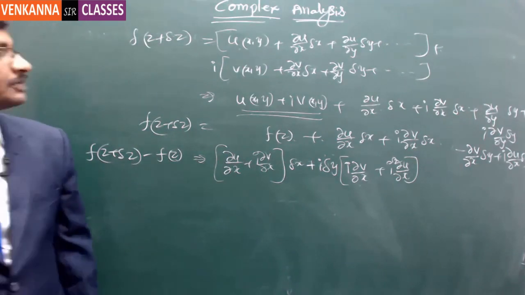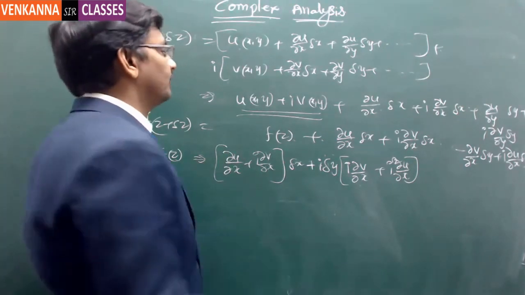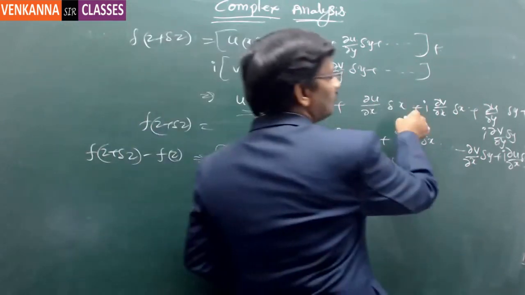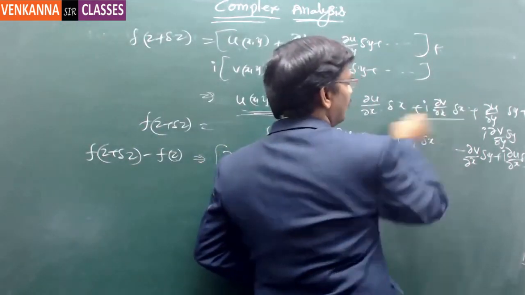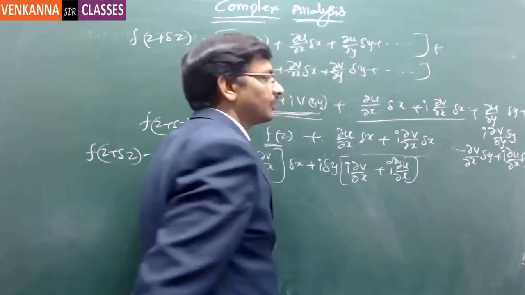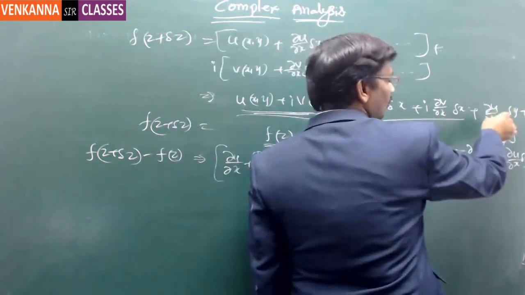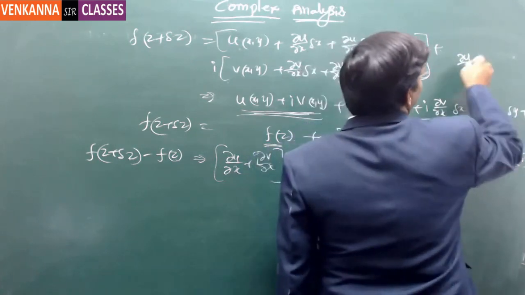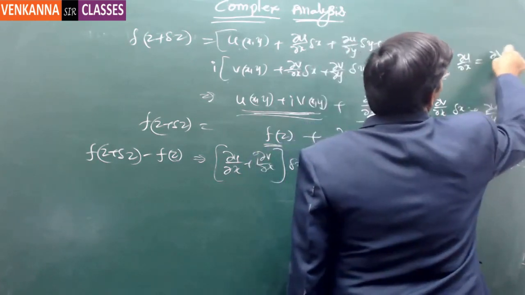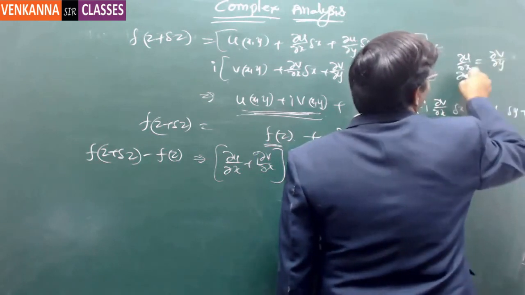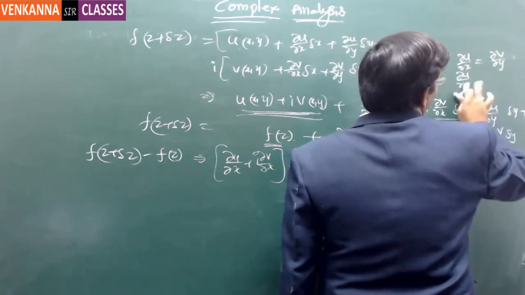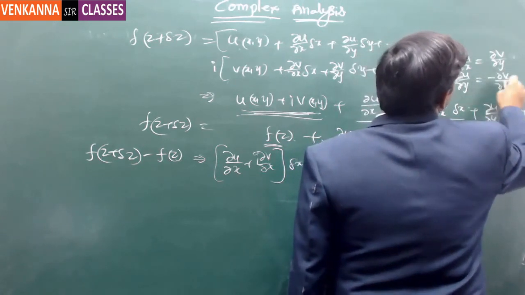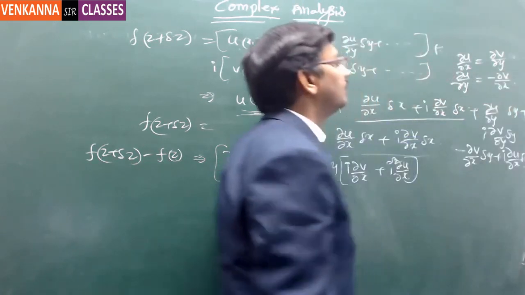How this step? What I have done is very simple. This value I have written as f of z. Dou u by dou x into delta x, I times dou v by dou x into delta x, I have kept as it is. And this part, dou u by dou y, I have written as minus dou v by dou x, because the CR equation states that dou u by dou x is equal to dou v by dou y, and dou u by dou y is equal to minus dou v by dou x. Got it?